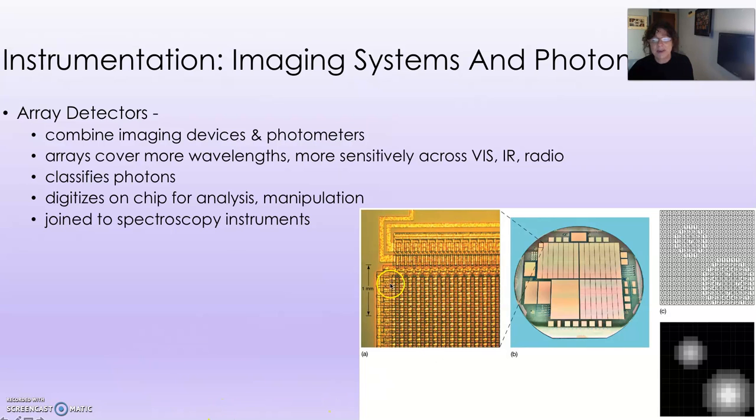Array detectors combine the imaging and photographic plates with the photometers so that you can cover more wavelengths within the visual spectrum and the ultraviolet spectrum, more precisely and more sensitively, so you can get the intensity of those waves as well.